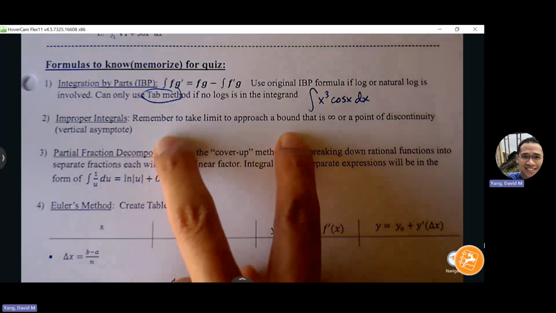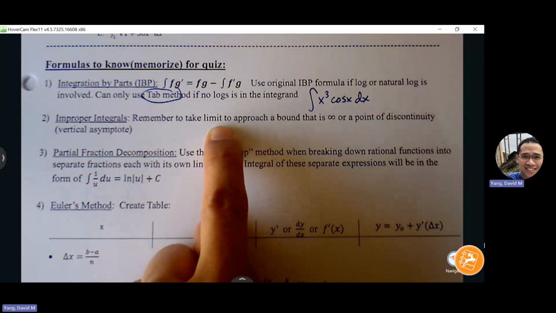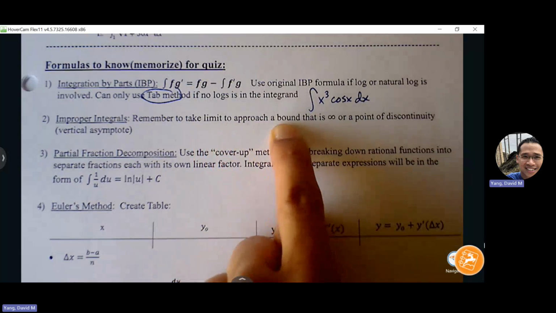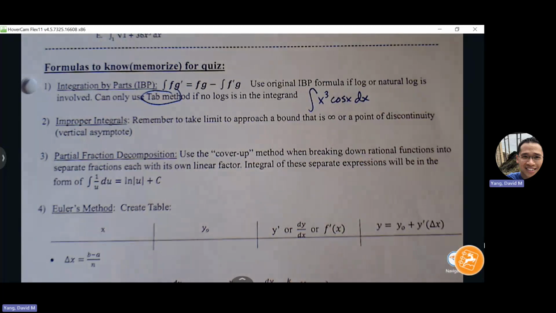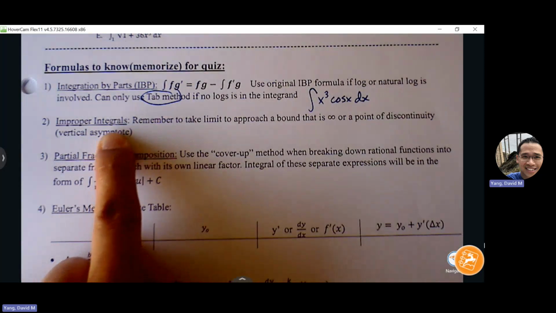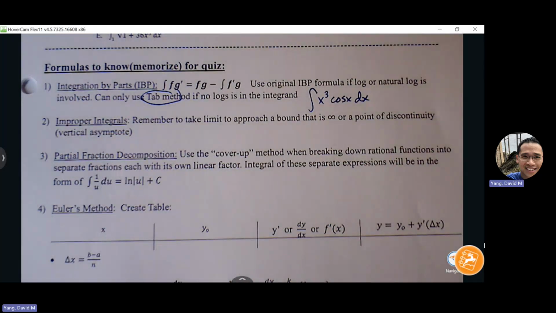Okay, improper integral. Anytime that your limit is approaching a bound that is infinity or a point of discontinuity, if there's a vertical asymptote that is either in between your bounds or right at the bounds, we have to involve improper integrals. We have to involve limit as b approaches infinity or b approaches the asymptote, and then we do the integral rules that we normally would.